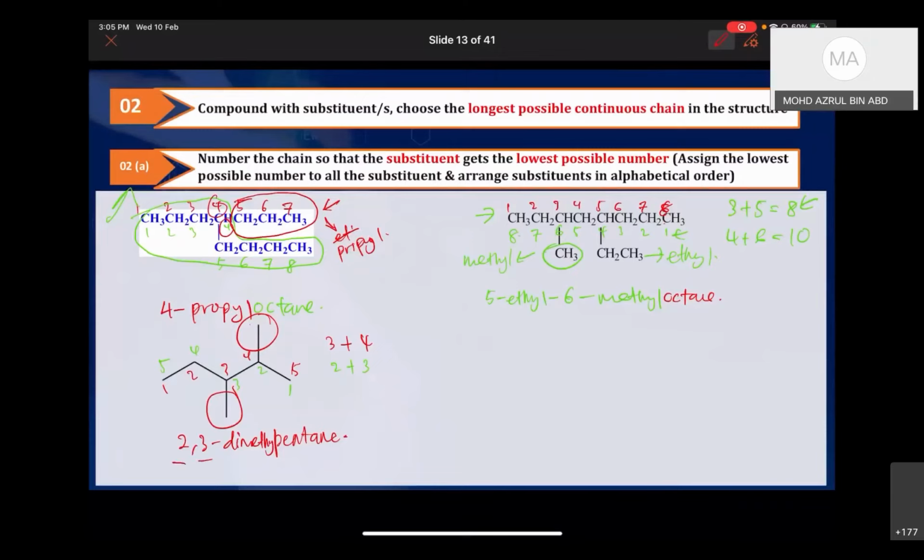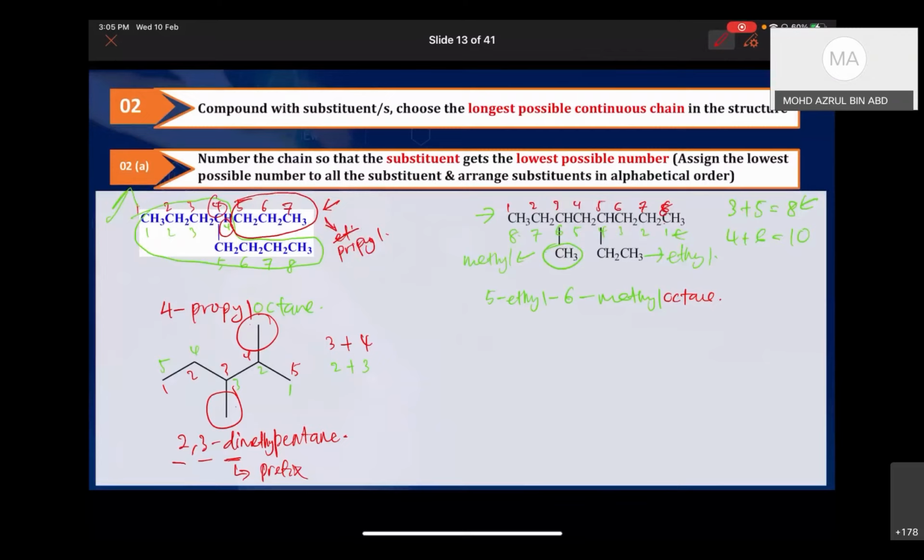And then why I put di here? Di is a prefix. It's a prefix name whenever there are two similar substituents that attach to the parent chain. So which means in this compound there are 2 methyl. So that's why I put di.